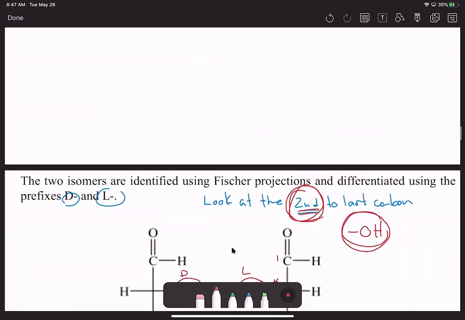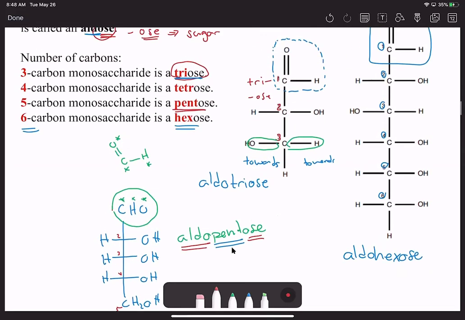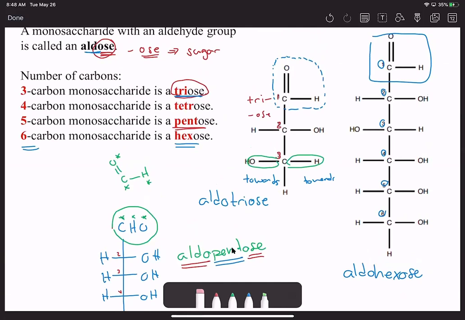Let's take a look at one up here. Let's backtrack a little bit. If we take a look at this one here, is this D or is this L?